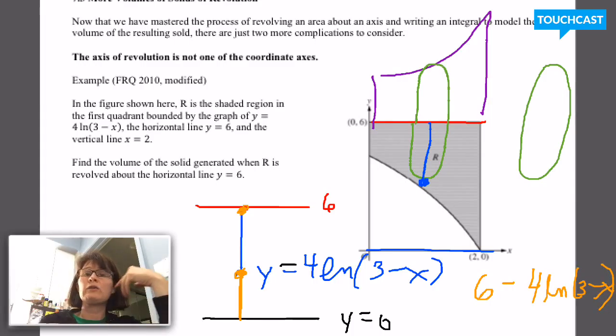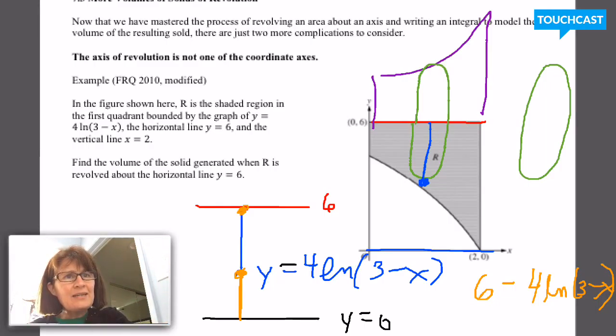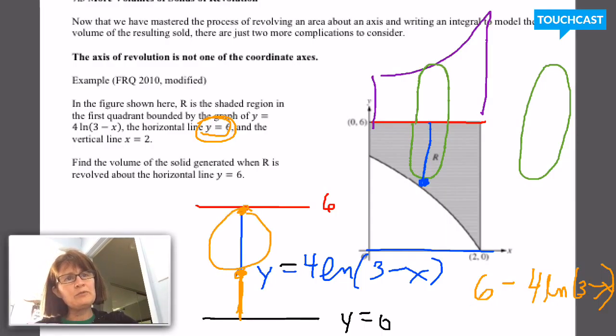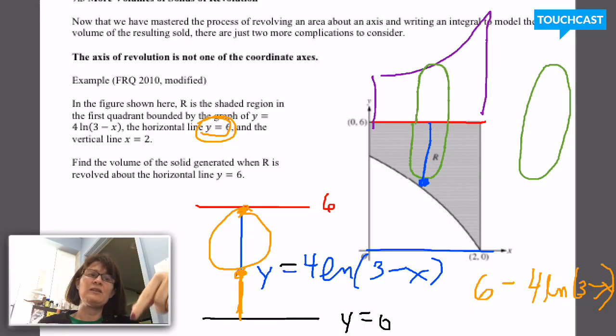So just notice when your axis of revolution is not one of the coordinate axes, so not x equals 0 or y equals 0, then you're going to have that number from the line of revolution in an expression for your radius. So the bottom part here would have been 4 natural log of 3 minus x. But the part I want, that blue radius, it's 6 minus 4 natural log of 3 minus x.